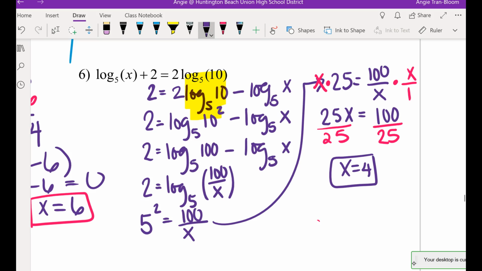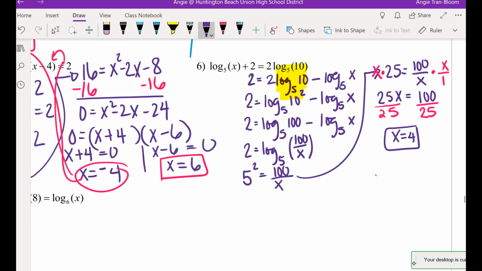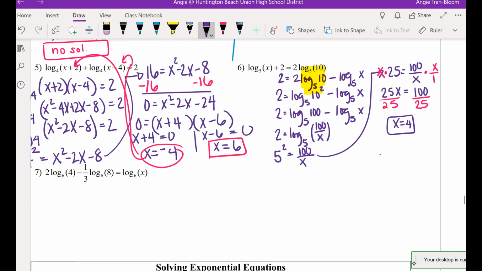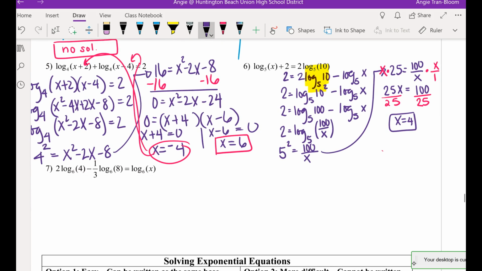Last question. Easy or difficult? The hardest one. They all have logs, so that's a good thing. 2 times log base 6 of 4, take away 1/3 times log base 6 of 8 equals log base 6 of x. What do you do first?